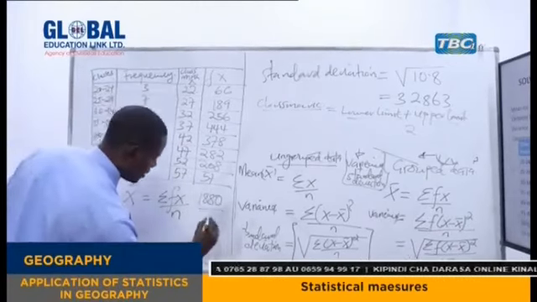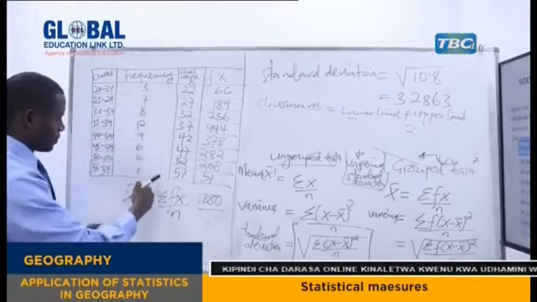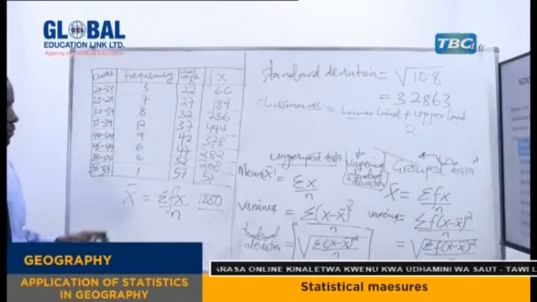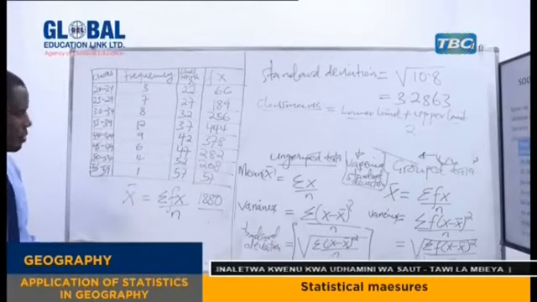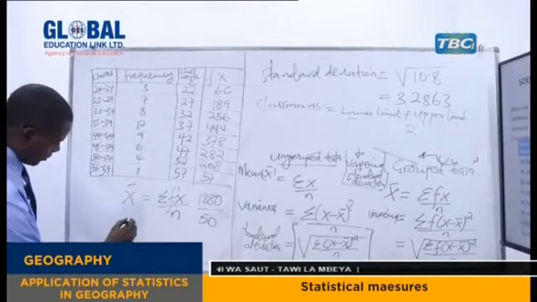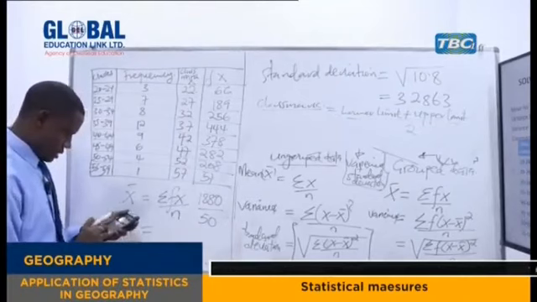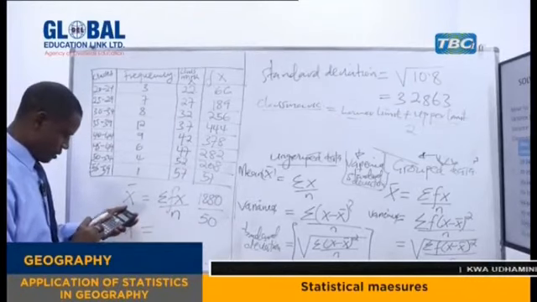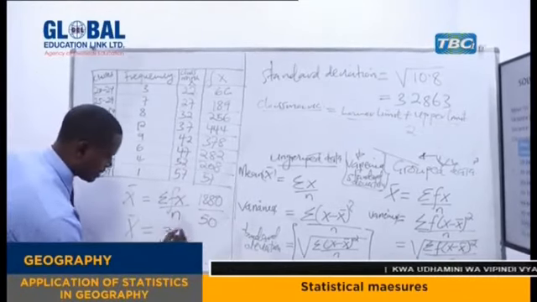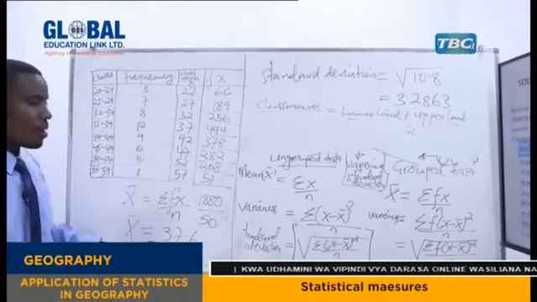Then we divide by n, and the n for our case is the summation of the frequency. If you sum up the frequency, you come up with 50. So the mean for our case will be 1880 divided by 50, and then we get 37.6. So 37.6 is our mean.